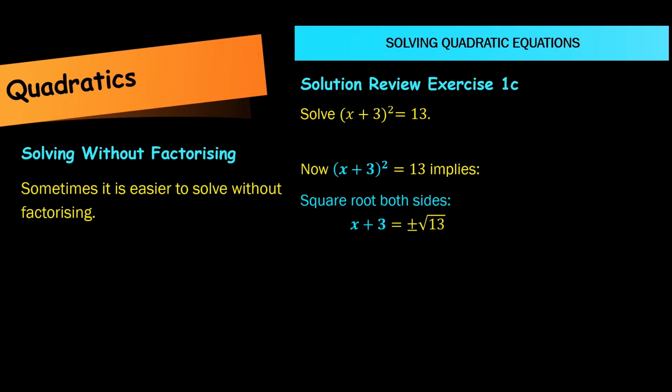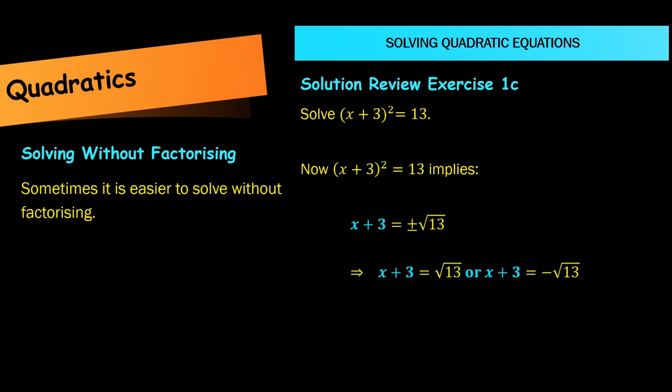Notice here it's simple to square root x plus 3 all squared because it simply becomes x plus 3. And of course 13 square rooted is plus or minus square root of 13. And then we can solve. So either x plus 3 equals root 13 or x plus 3 equals minus root 13.